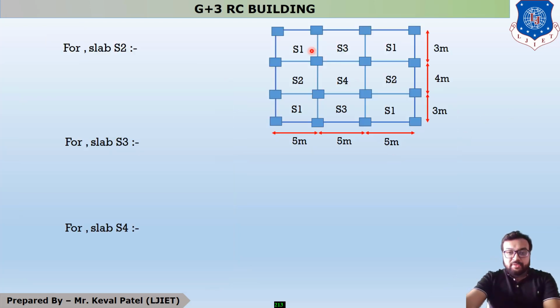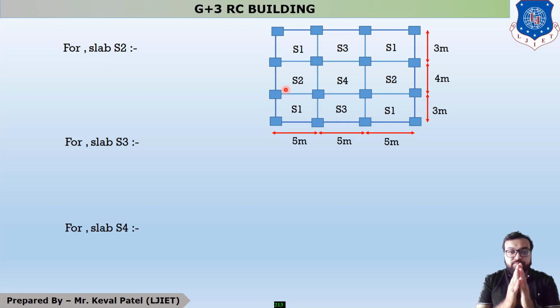In this example, we have to design this slab, which is slab S1. But sometimes in GTU you are asked to design slab S2. Then what is the difference between slab S1 and slab S2?